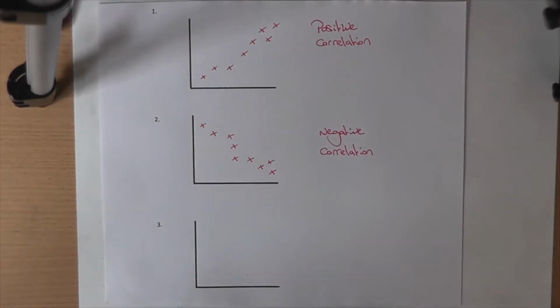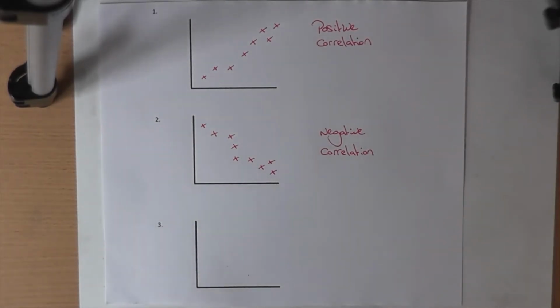There are different types of positive and negative correlation we could have. If it's a very steep line, we could have a very strong positive link, or we could have a much weaker positive link. Same with negative. We could have a very strong negative link, a very clear-cut positive or negative correlation, or we might have one that's just a general upward or downward trend, a fairly weak link, but a link nonetheless.